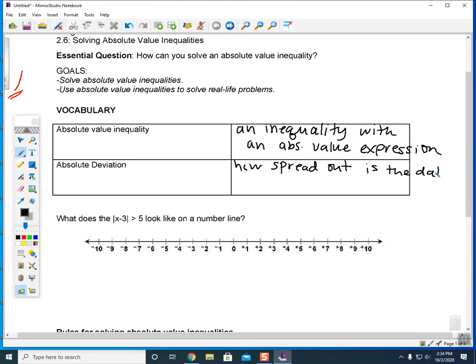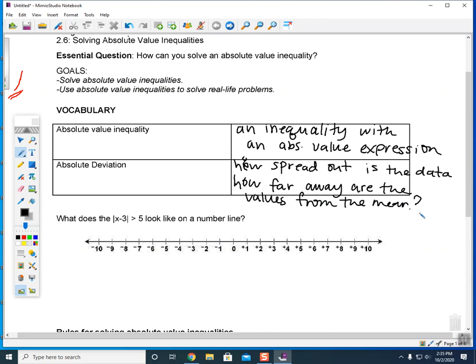The other question that I'm looking at with absolute deviation is how far away the values are from the mean. That's the question I'm asking: how far away are my values from my average?